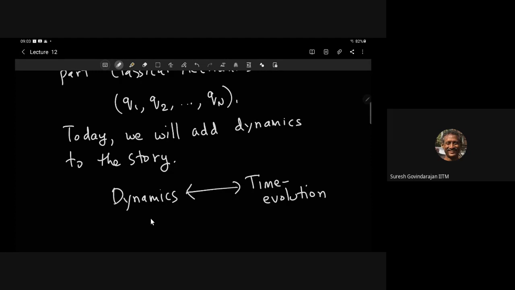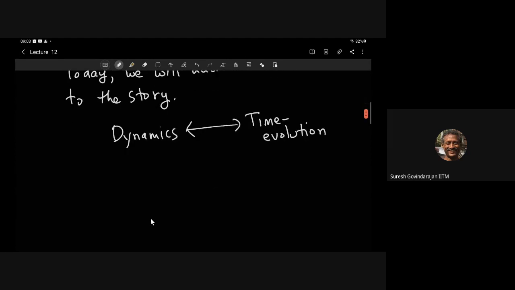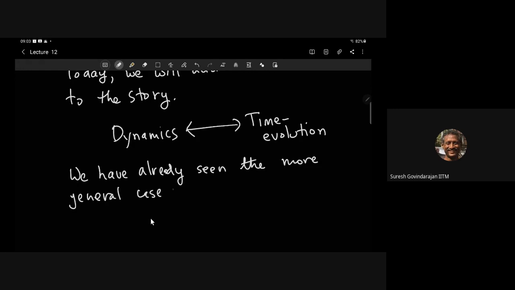Okay, so we'll need some principle, and we've already seen a more general case of arbitrary dynamical systems.